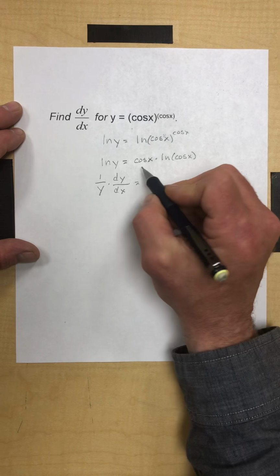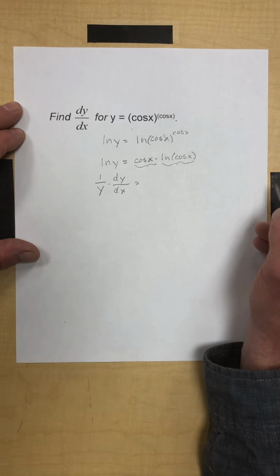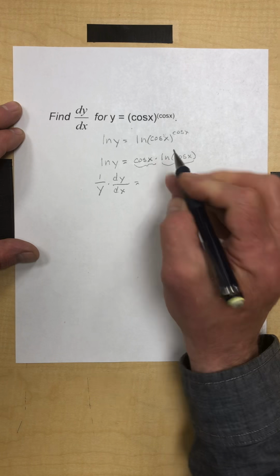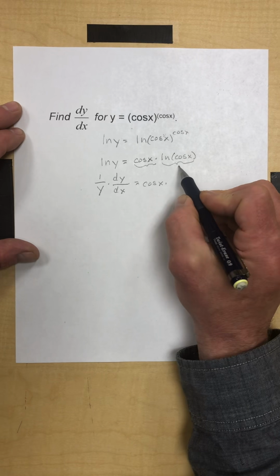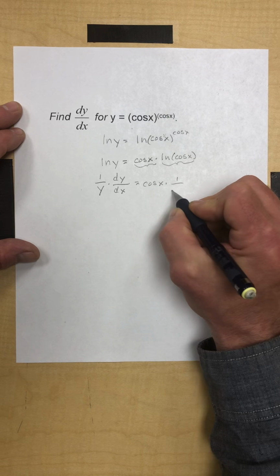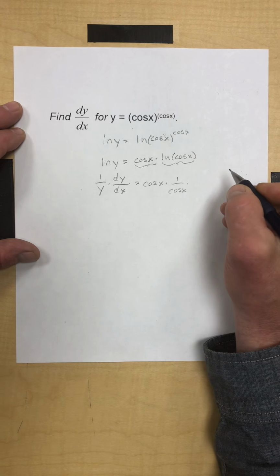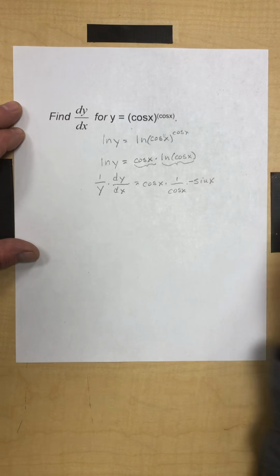On the right-hand side, again, we've got a product of two functions, so we got to use the product rule. So I go the first times the derivative of the second, so cosine of x times the derivative of the natural log of the cosine of x is 1 over the cosine of x times the derivative of the cosine of x, which is the opposite of the sine of x.